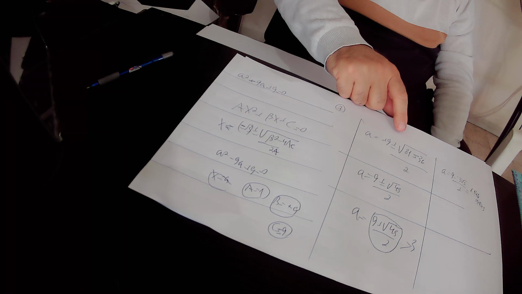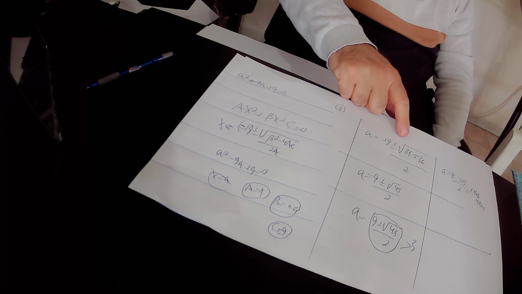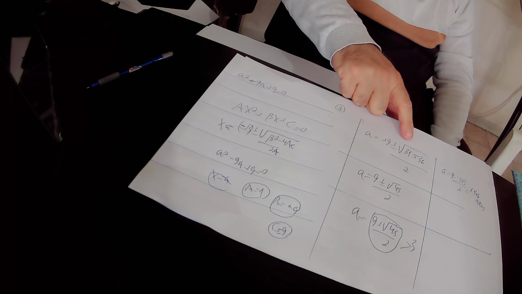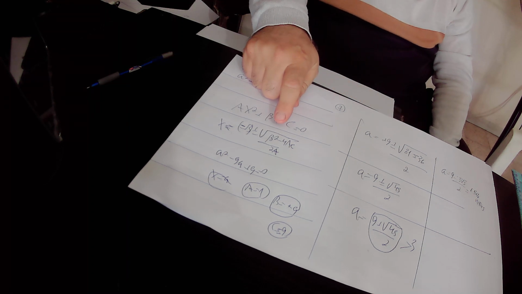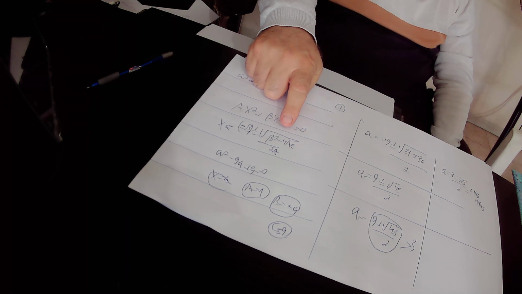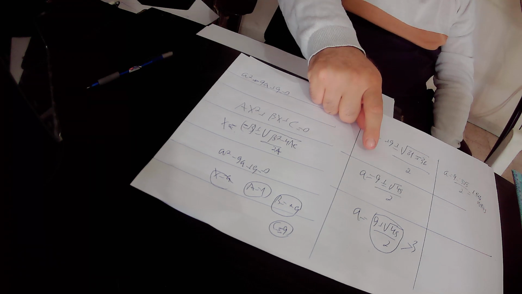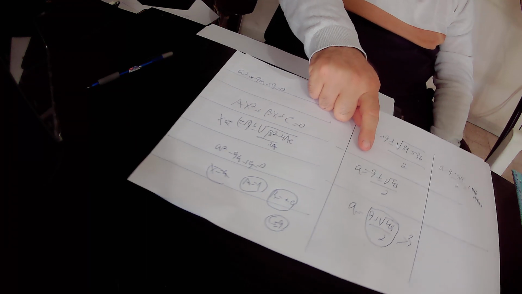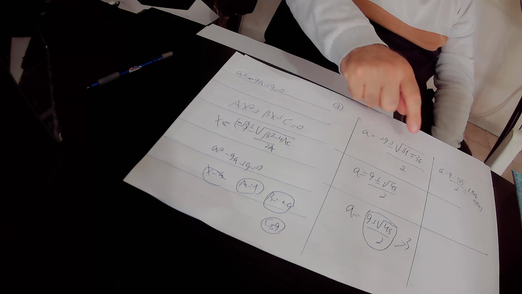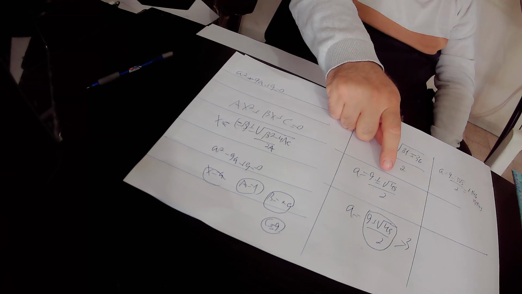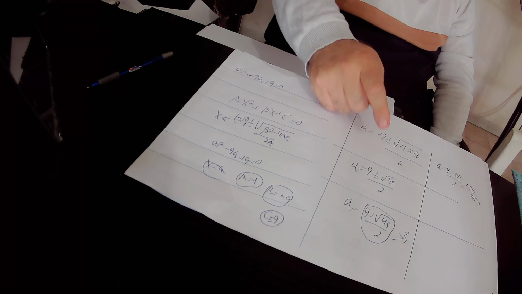So inside the root we have 81 minus 36, divided by 2a. A is 1, so 2 times a is 2 times 1, that is 2. So we found out that A equals 9 plus minus square root of 81 minus 36, which is 45. So inside the root we are left only with 45 divided by 2.